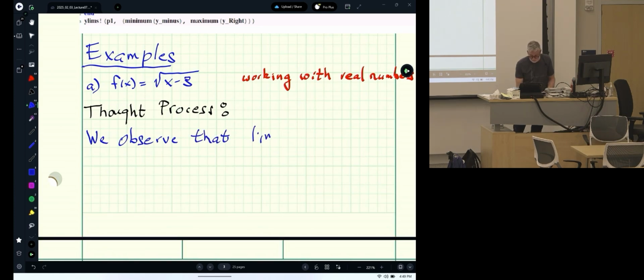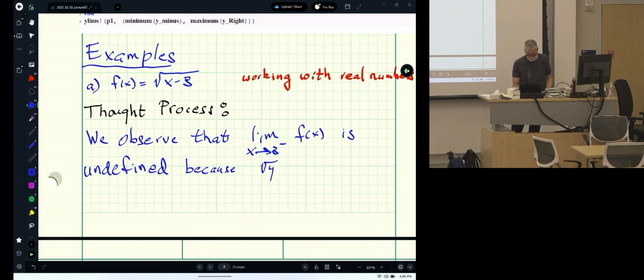that the limit as x goes to 3 from the left of f of x is undefined, because square root of y is undefined for y less than 0.